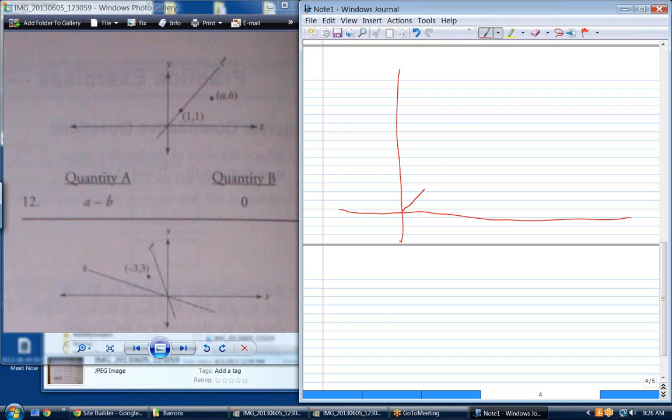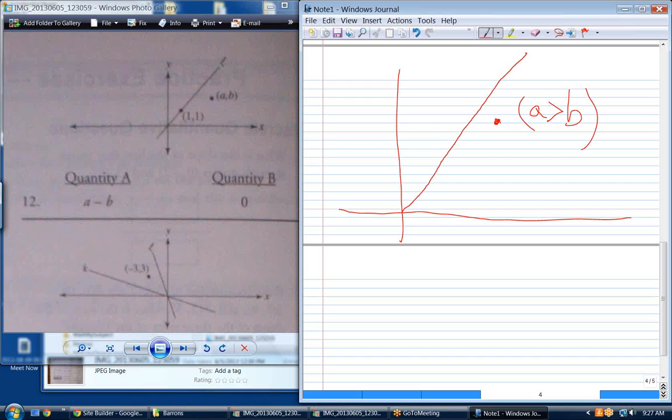Now, any point that is to the right has to be what? A has to be greater than B. How come A has to be greater than B?